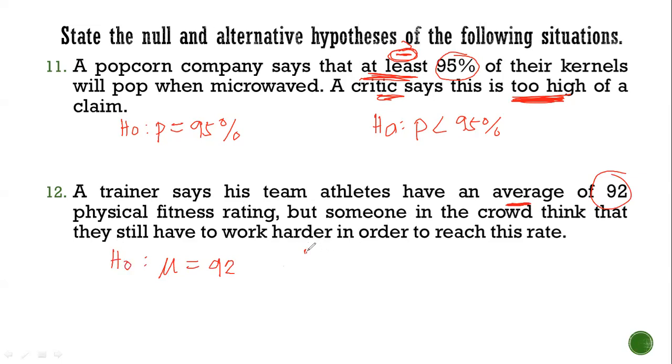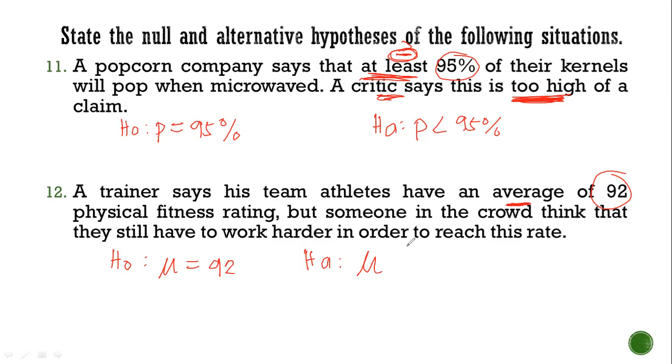Okay. Next would be your alternative hypothesis or your HA. Okay. So, dito na tayo. Tanungin ko nga kayo. So, what do you think is our alternative hypothesis? But someone in the crowd, kasi medyo comprehensive yung problem, someone in the crowd thinks that they still need to work harder in order to reach the rate which is 92.